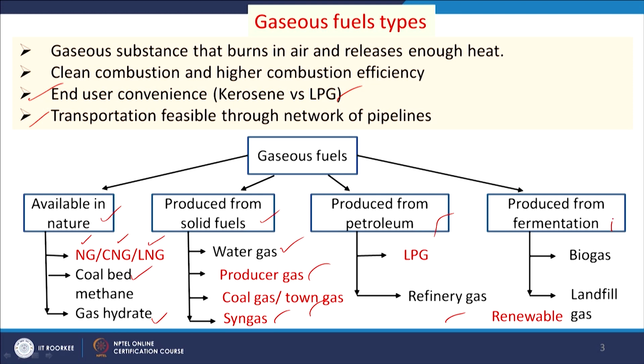From fermentation, in anaerobic digestion, we can get biogas and landfill gas. So, these are different types of gaseous fuels which we can get, and we can use these resources for energy production in a cleaner route. We will discuss how this can be used in a cleaner process or cleaner routes.